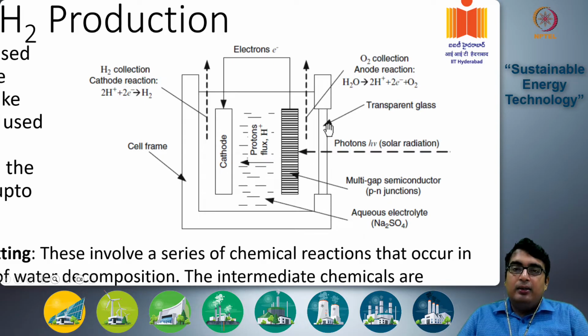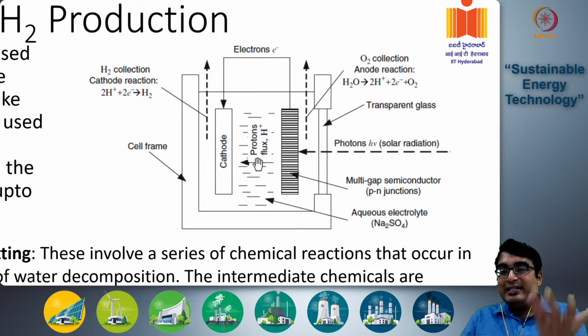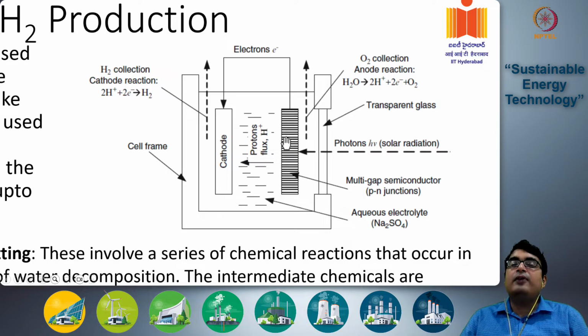Then the H plus ions are moving through the aqueous electrolyte made of sodium sulfate for this design. Sodium sulfate salt dissolved in water is used as the electrolyte, and the H plus is moving from the anode towards the cathode.